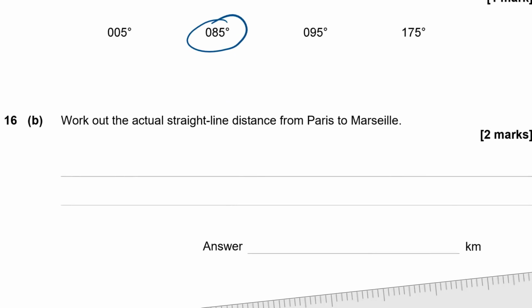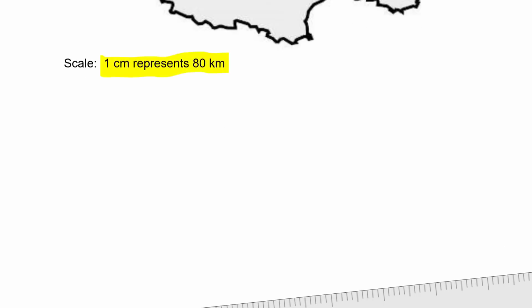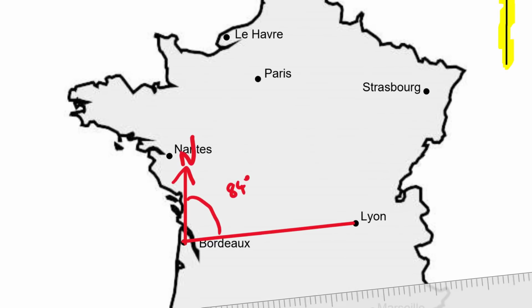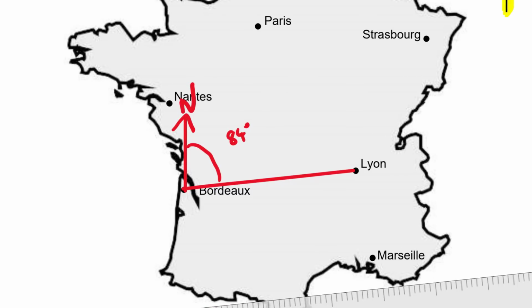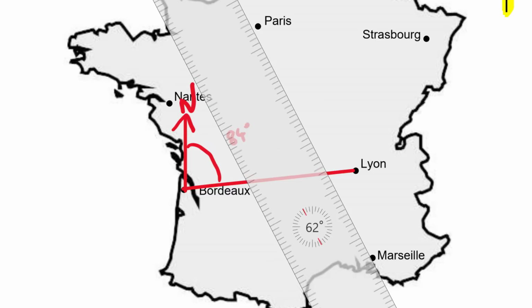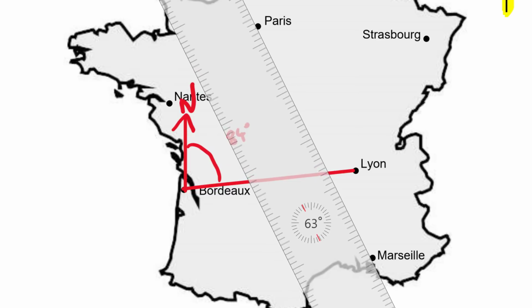It says work out the actual straight line distance from Paris to Marseille. Work out the actual straight line distance from Paris to Marseille. So Paris is up there in the north, look, and Marseille is down in the south. So let's join them up with a straight line.